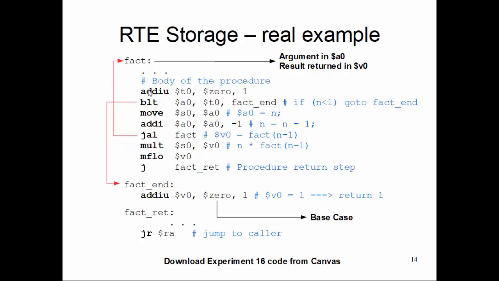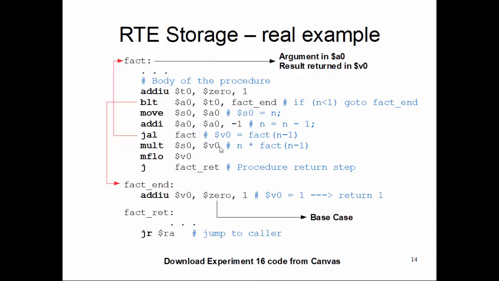Now as soon as I hit the base case, I return back, so my control will be transferred to the next instruction after the JAL. This is mult. So here I am doing n multiplied by factorial of n minus 1. That means V0 contains a result from the previous call instance, and I'm multiplying that with S0, the n I am storing.